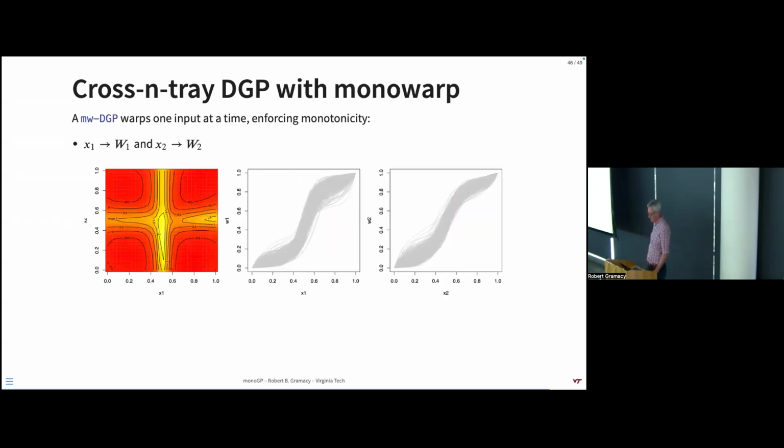But a mono-warped version of that, where I use a monotone Gaussian process instead, works even better because it can make this cross straight. It doesn't warp it in a funny way where information bleeds from extremes of the input space. And I can also visualize what these warpings look like because they're one-dimensional warpings instead of two-dimensional ones.